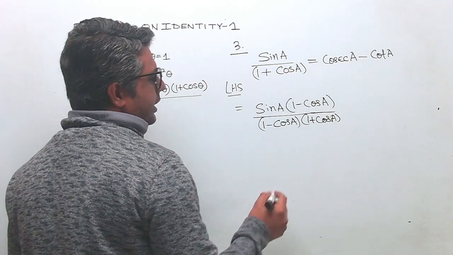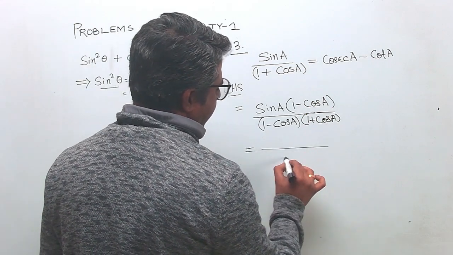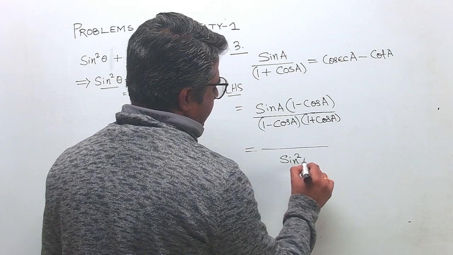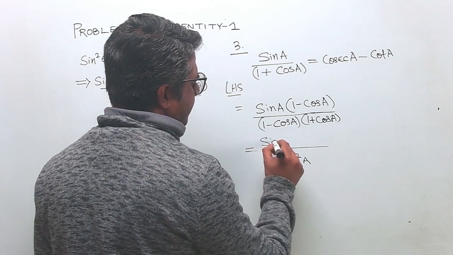Okay. So, here I am going to get a sin square A, quite similar to the last problem if you see.